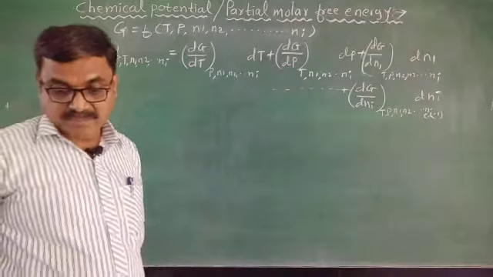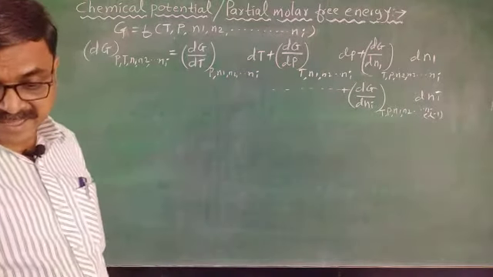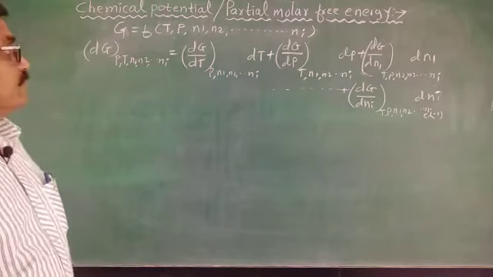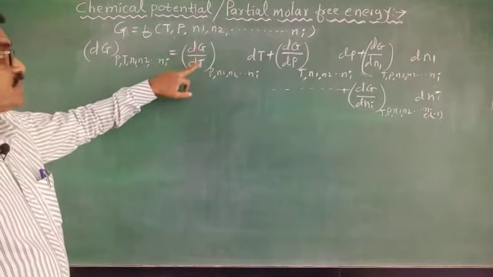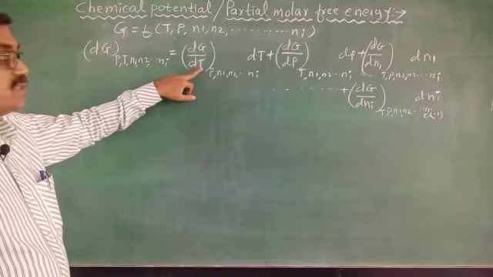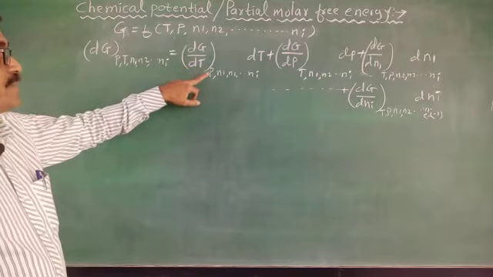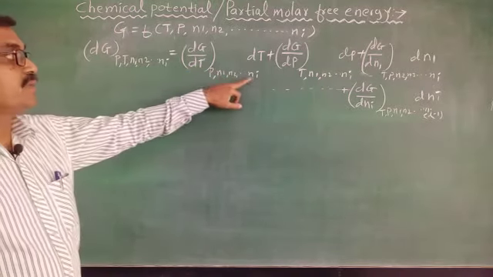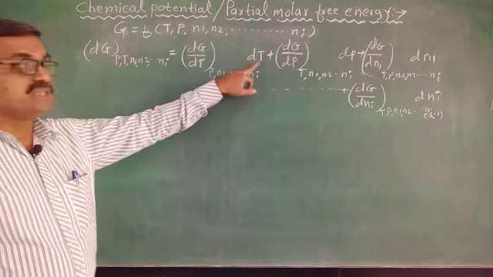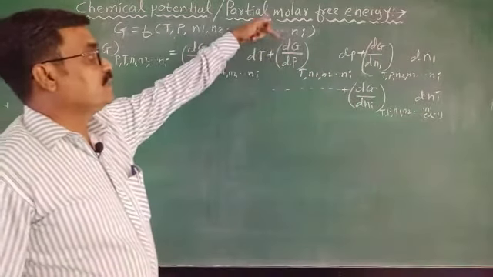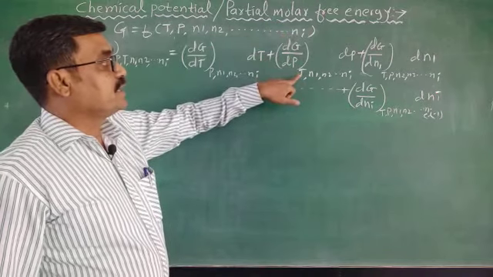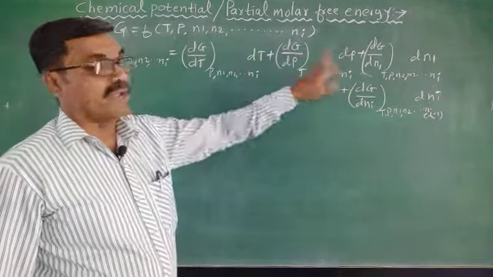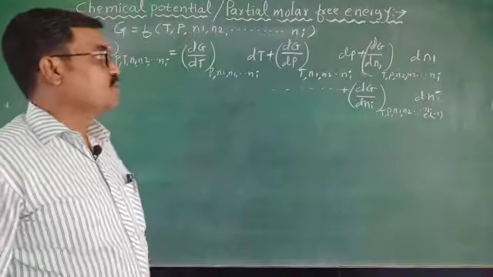Each term on the right hand side is nothing but the change in the Gibbs free energy with respect to temperature. This is the first derivative, keeping pressure, N1, N2 up to Ni constant, into dT. The second term is the change in the Gibbs free energy with respect to pressure, at constant temperature, N1, N2 up to Ni, and so on.